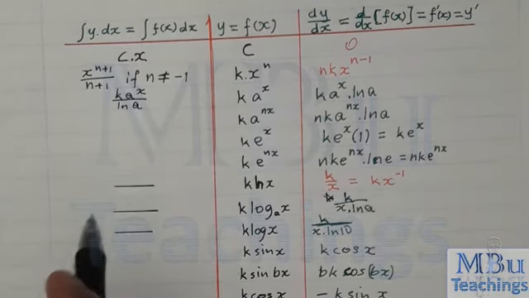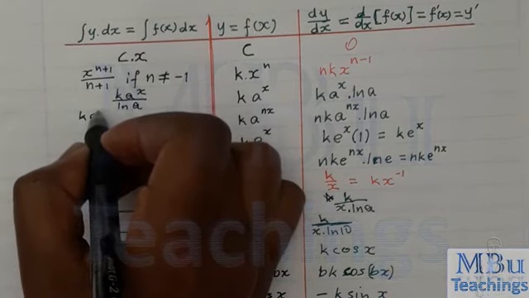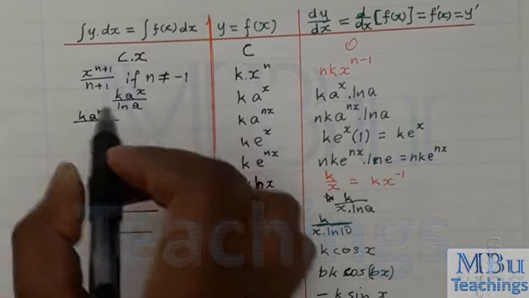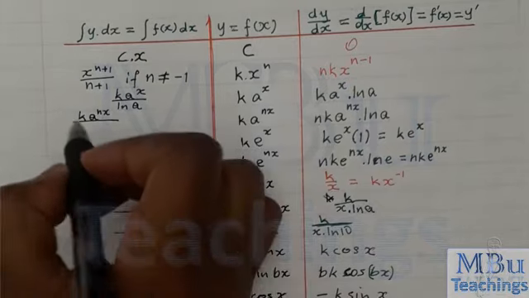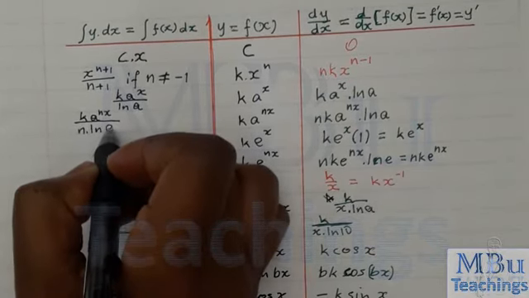That's how we do it. So we have our k, a raised to nx, we said that we multiply by n and ln a, so now we'll divide by n times ln a.